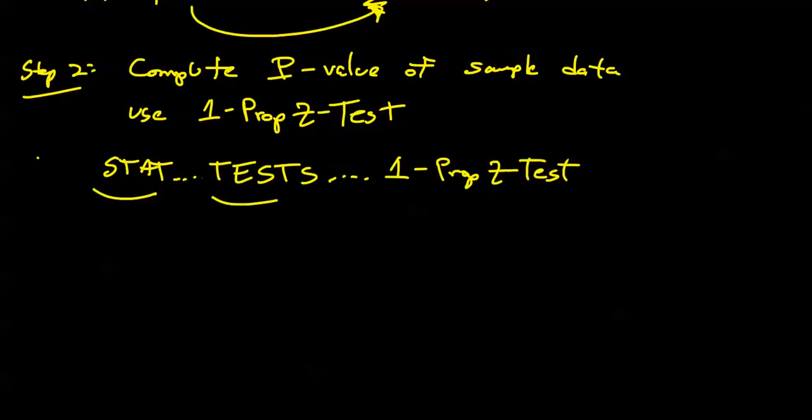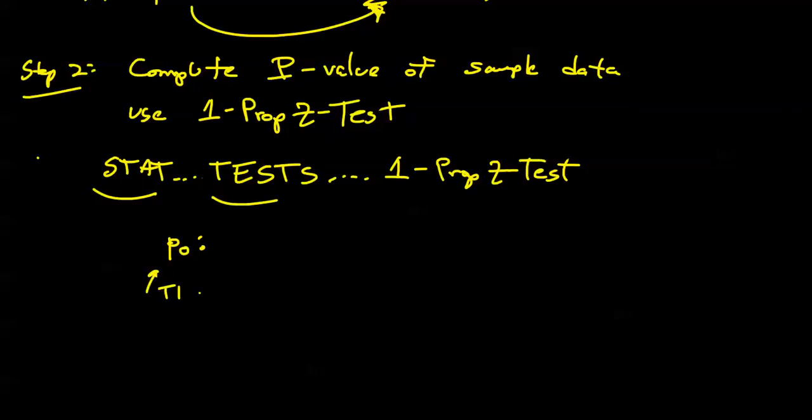So highlight that command and hit enter, and the calculator prompts us for some things to enter. First thing they ask us for is P sub 0. Well, this is the Texas Instruments lingo for the null hypothesis. Let me write that down.